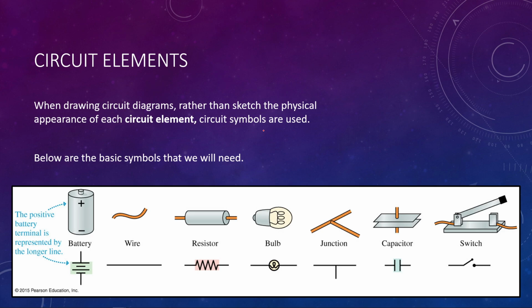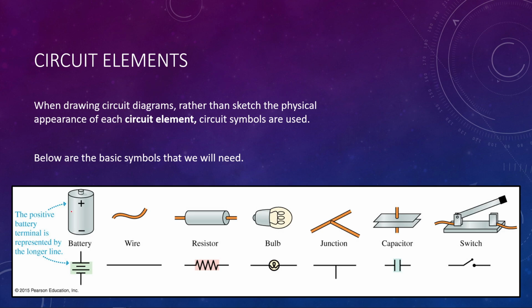I want to be clear, there are certainly other circuit elements that might be involved in the real world, like inductors or LEDs or logic gates, everything like this, but right now we're focused on the basics. So for our purposes, we're going to deal with batteries, resistors, light bulbs, capacitors, and occasionally a switch or two.